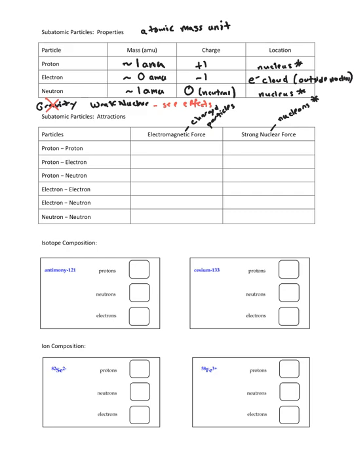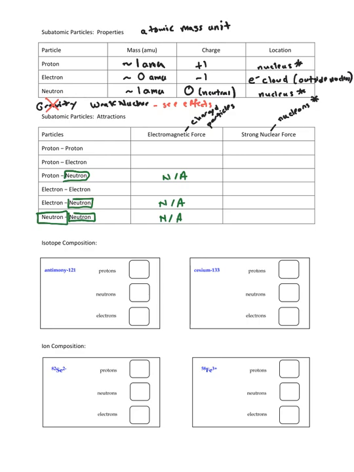Now, when it comes to electromagnetic force, right away, there is a type of particle that doesn't have a charge, which is our neutrons. And so anytime you're dealing with a neutron interaction, whether it's a neutron to a proton, a neutron to an electron, or a neutron to a neutron, that particular interaction is not going to exhibit any electromagnetic force.